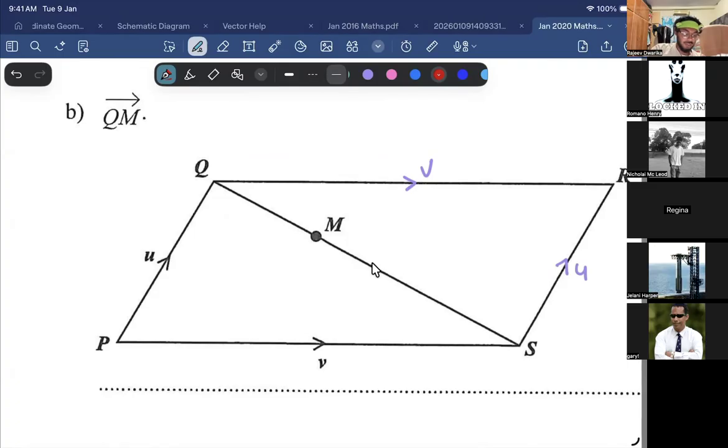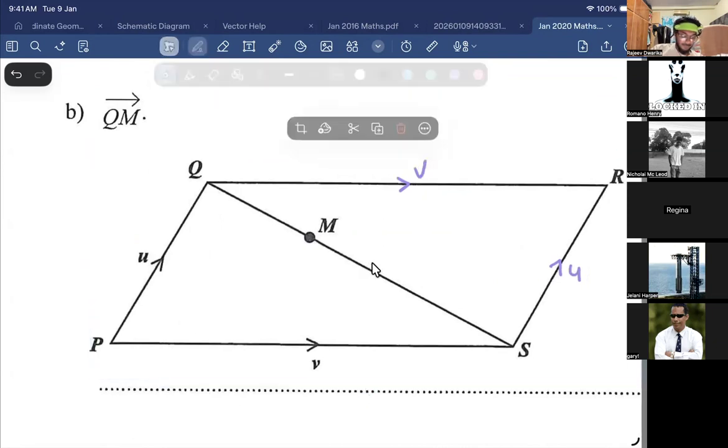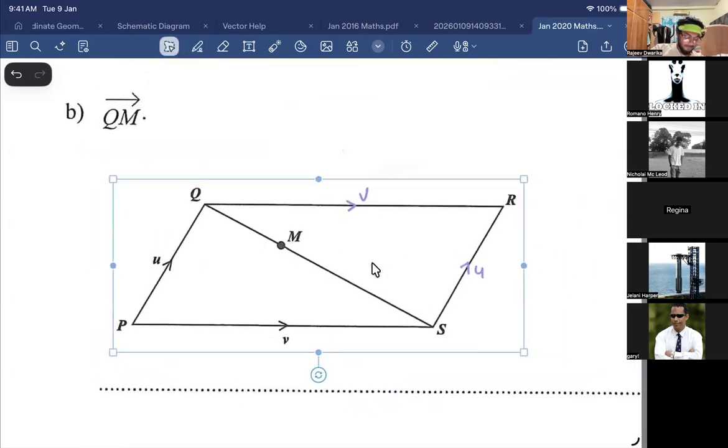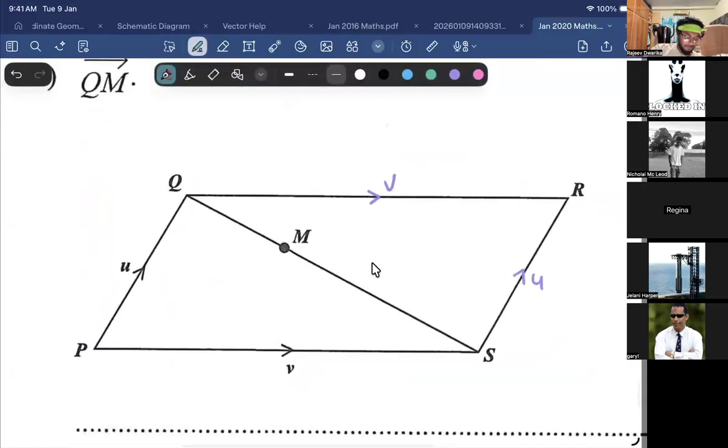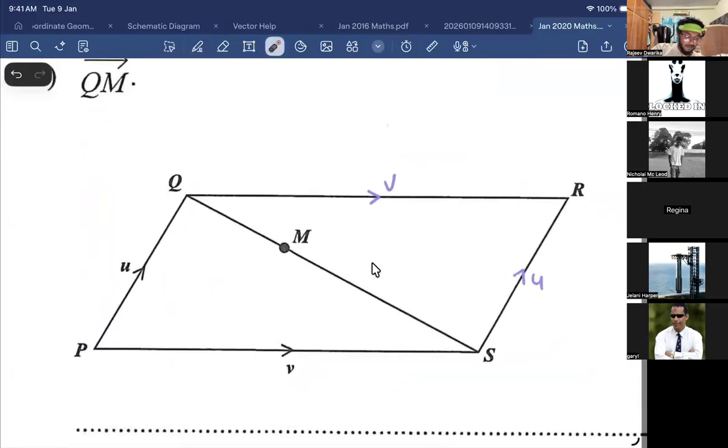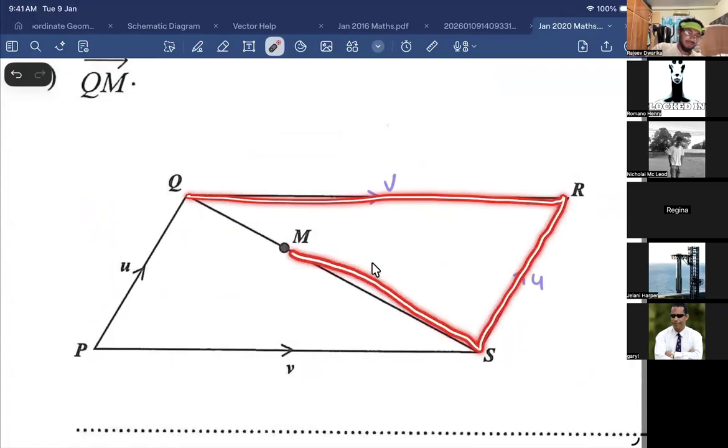Gary, so you want to go from Q to M, yeah? So you could go Q to R. This might be a long way though. Q to R to S, and S to M.